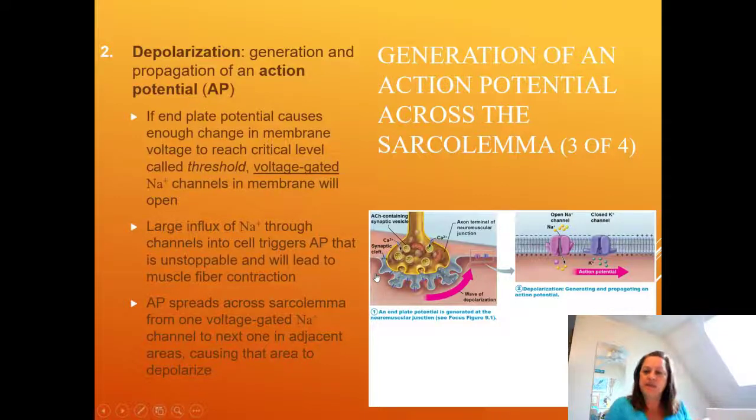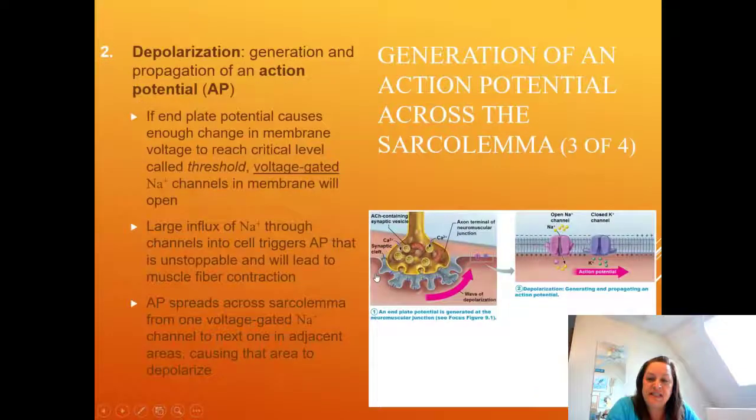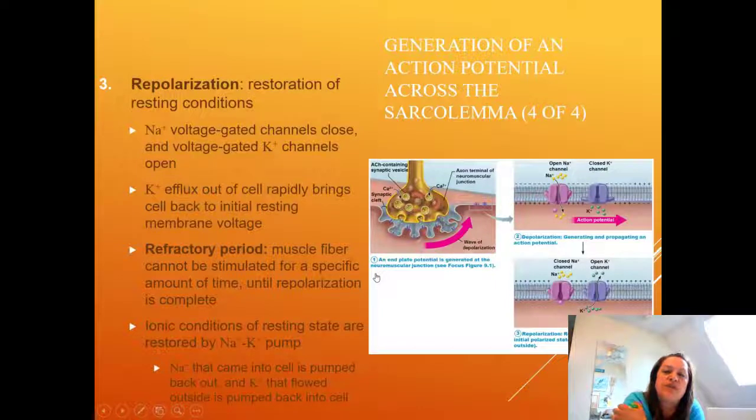So the action potential is traveling, that big pink arrow, down the sarcolemma from one voltage-gated channel to another, causing that area to depolarize. The other thing that's important is that this depolarization is going to go down the sarcolemma and also down those T-tubules, which we'll get to in a minute. Once the action potential travels past, we end up with what's called a repolarization event.